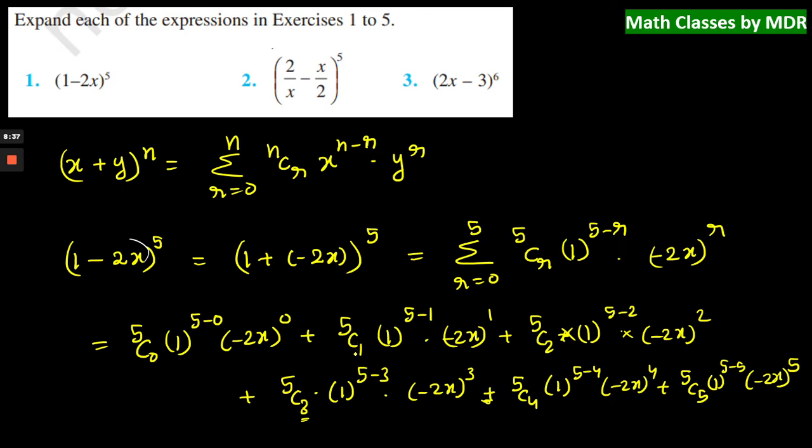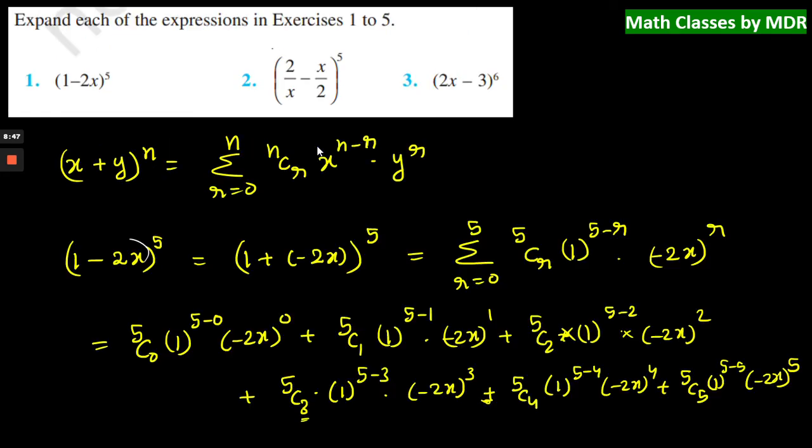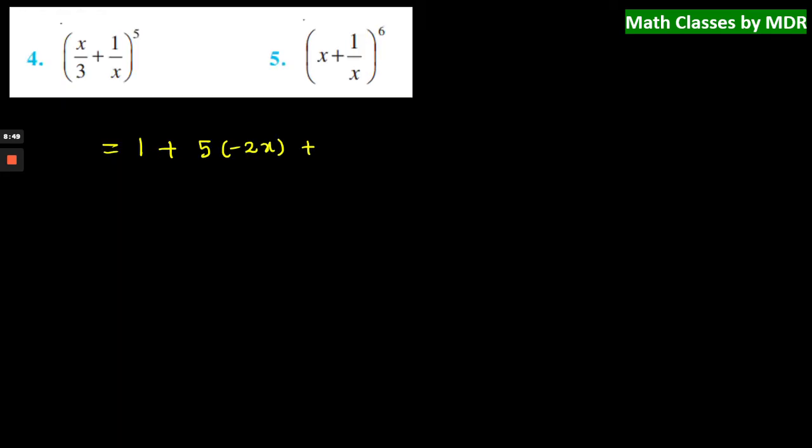5c1 is 5 into 1 into minus 2x. 5 into minus 2x is the second term. 5c2. What is 5c2? Let's see. 5c2 is 5 factorial by 2 factorial into 5 minus 2 factorial.